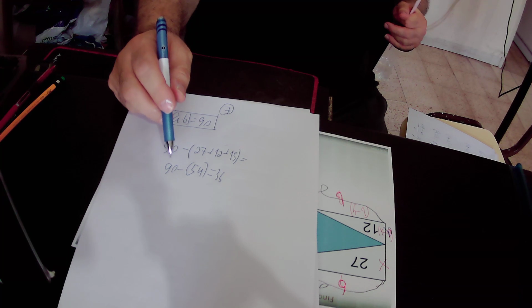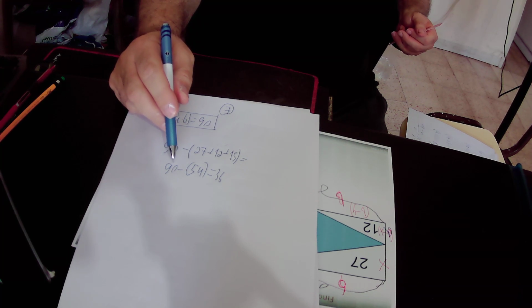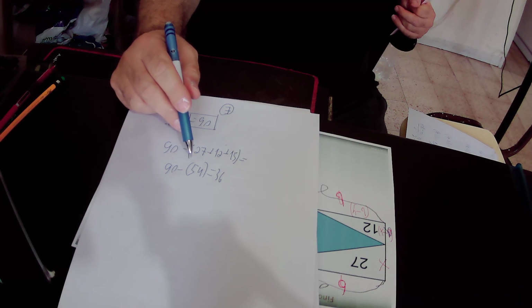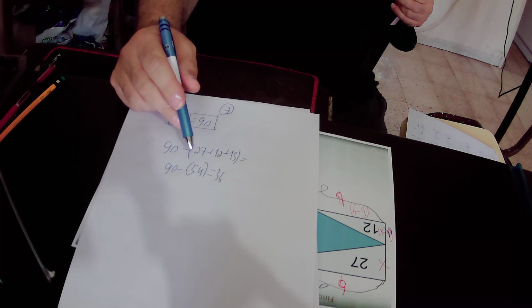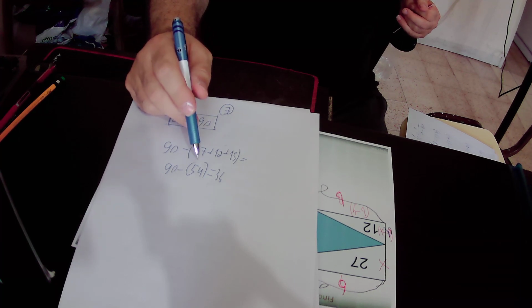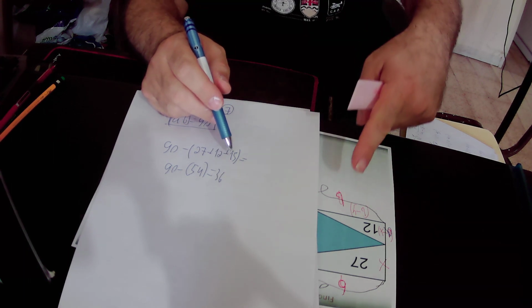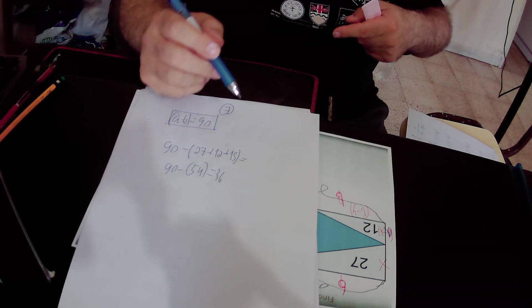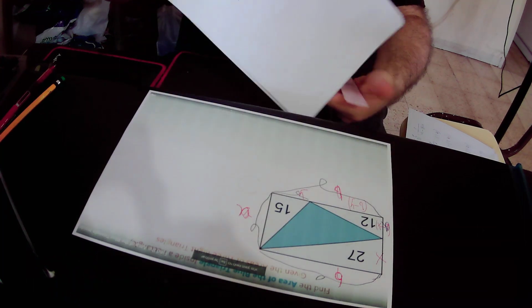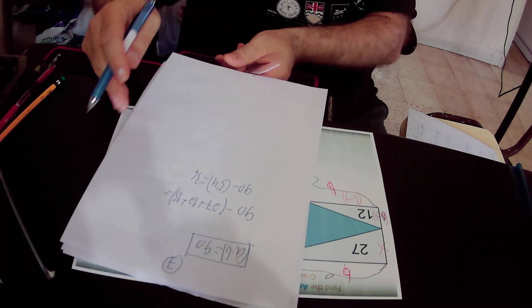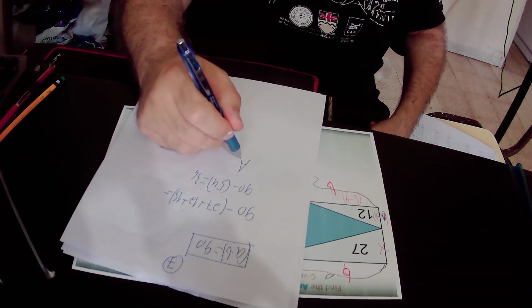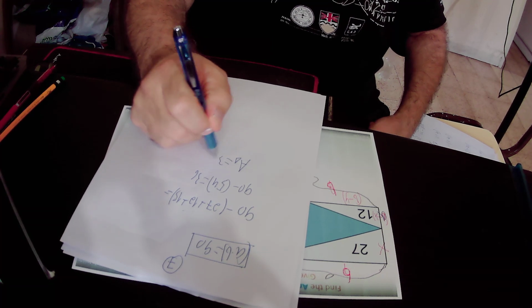So the area of the rectangle that is 90 units minus the sum of the areas of the three right triangles, that equals 54 units, equals the area of the blue triangle that is 36 units. So the area of the blue triangle equals 36 units.